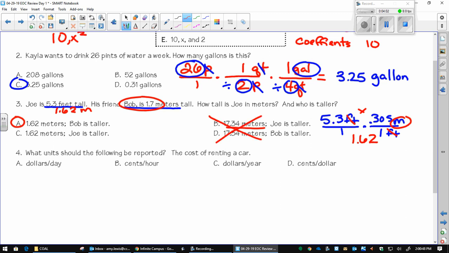I should be able to X those out automatically. Secondly, both of these have the same answer here for Joe's height. And I should be able to just check back in with Bob, see that he's 1.7 versus 1.6, and know that Bob is the taller one. So don't do too much work when you can look at your answer choices and get the correct one.